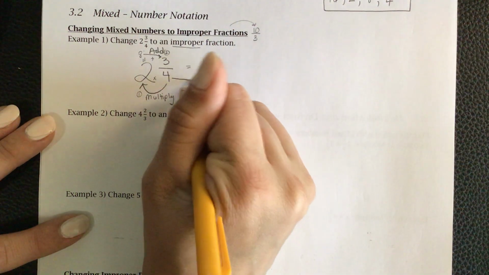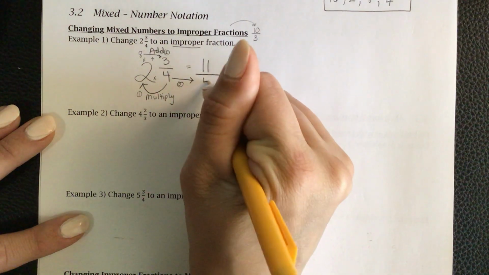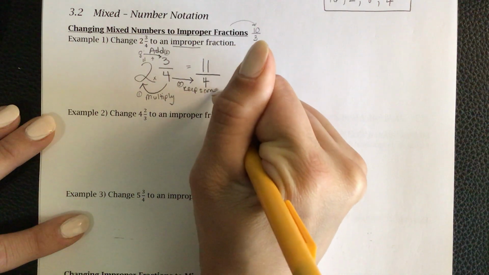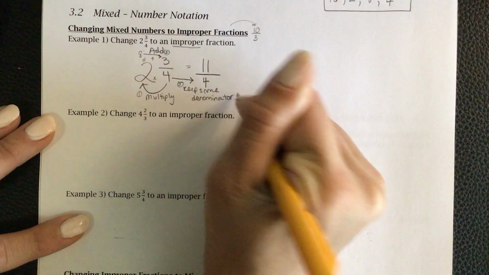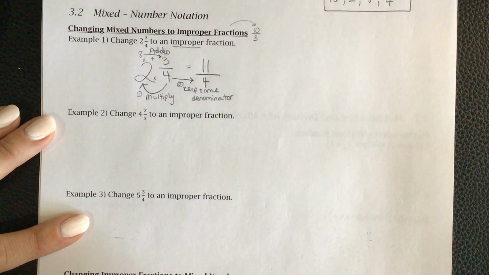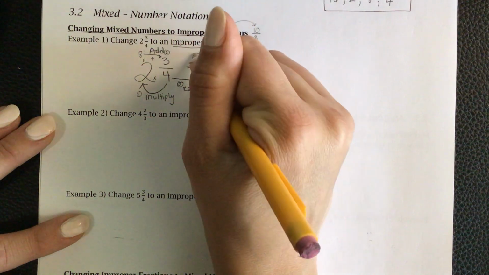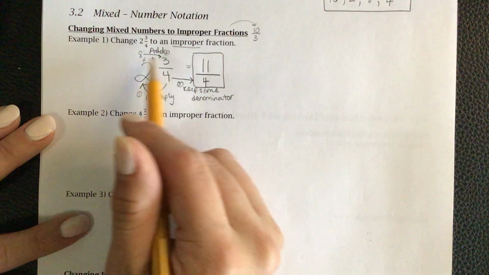You're going to keep the same denominator, and that's step 3. And that's it, you're done. This would be the answer. This is the quick way to do it.